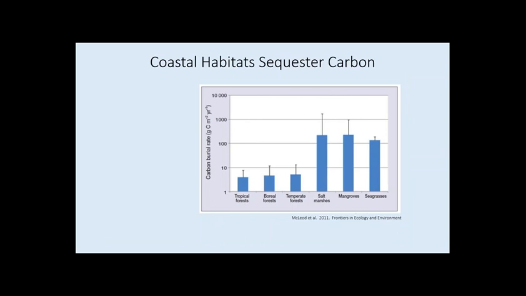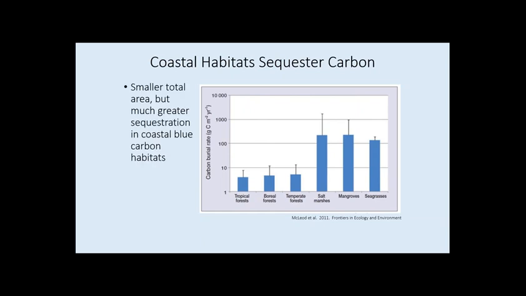Well, so more recently, in putting the science into perspective, we have recognized that coastal habitats are really impressive natural carbon sinks. So what you're seeing here in this graph is 3 different kinds of forests on the left-hand side, and then the 3 coastal ecosystems I mentioned on the right. And on the y-axis is the carbon burial rate in soils. And I want you to note the log axis there, which basically means that the 3 coastal ecosystems are burying carbon at rates that are greater than 10 times as much as those forested systems.